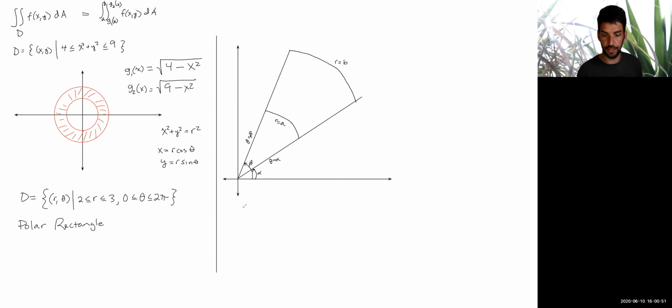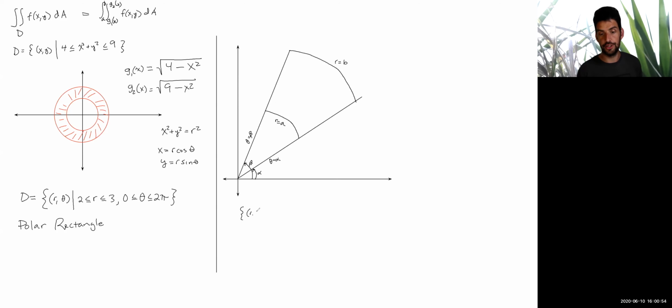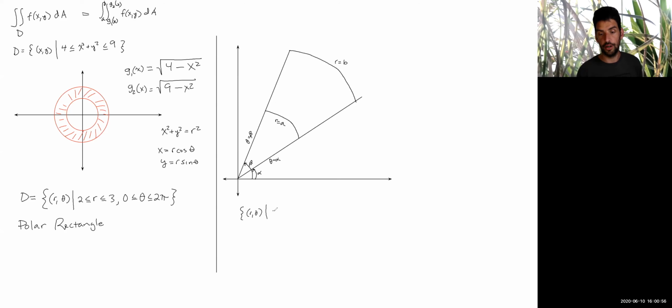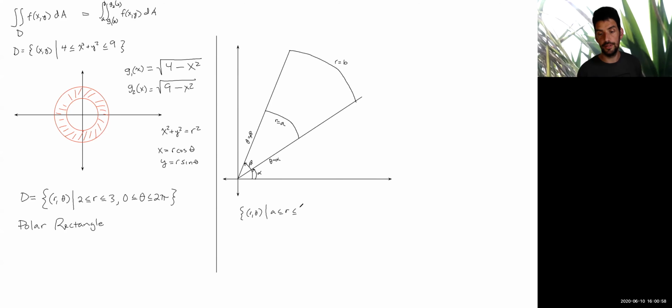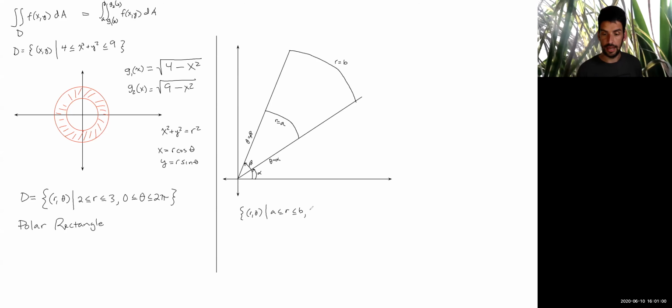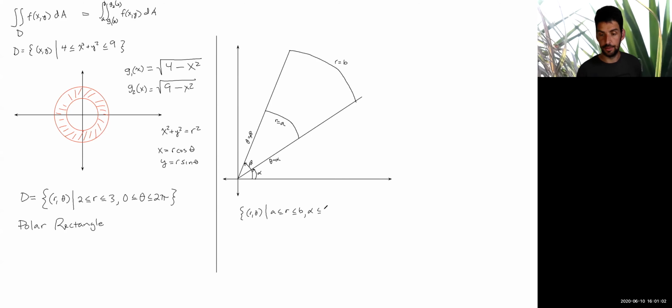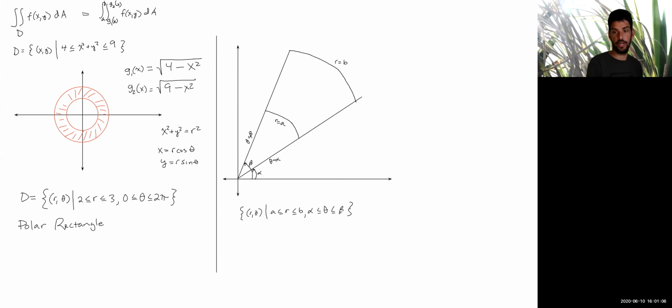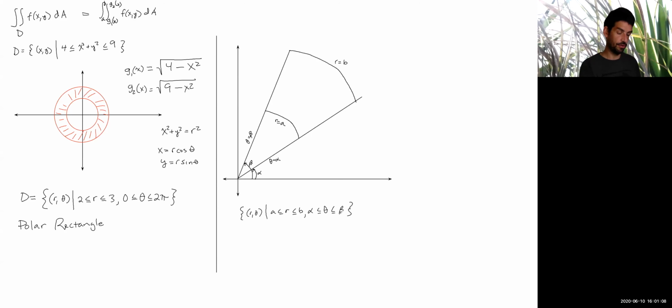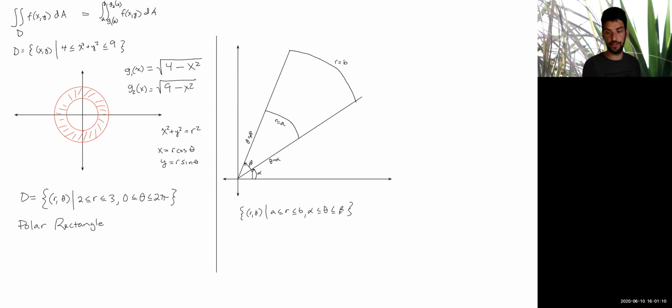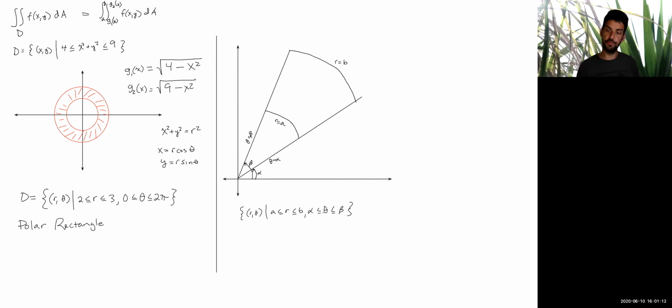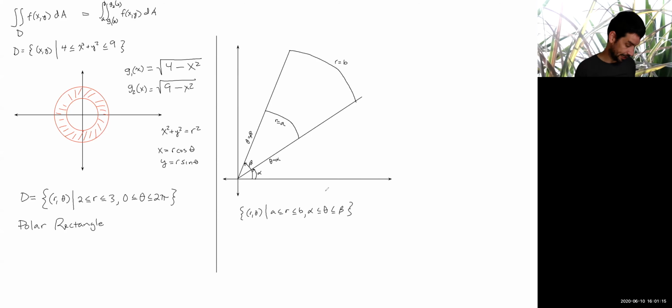So this little region that I've drawn is the region of r and theta where r is between a and b, and theta is between alpha and beta. So again, it's a polar rectangle. The picture looks very different, but these expressions are very familiar for how we describe rectangles in rectangular coordinates.